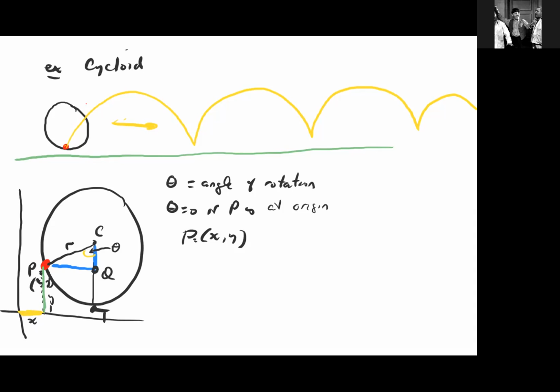Okay, so what is x? The first thing I wanted to figure out is how far the coin has traveled. Well, the coin travels the arc PT on the circle. Here's the arc PT.